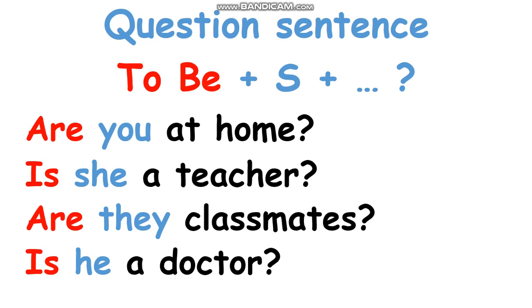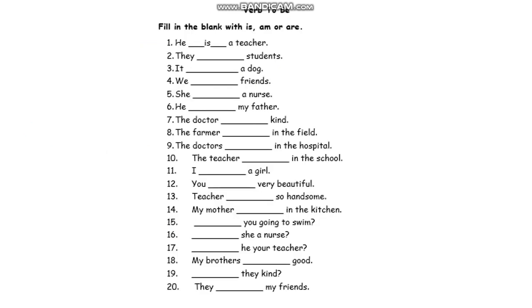So this is the homework. Later I will take a picture and send it to you. I hope you can do it and understand. Verb to be, fill in the blank with is, am, or are. For example, number 1, he is a teacher. So he we use with is, right?